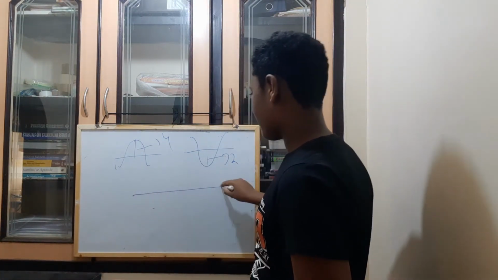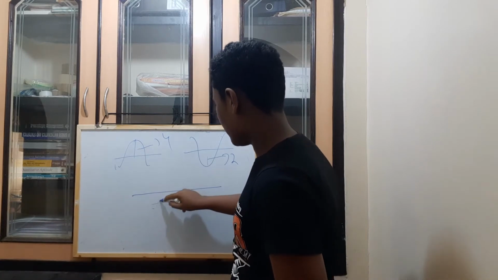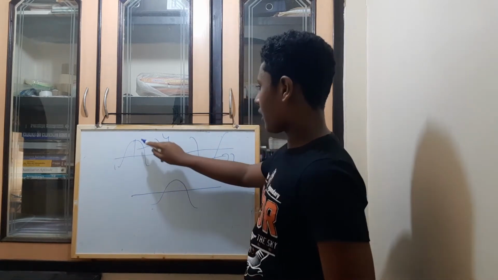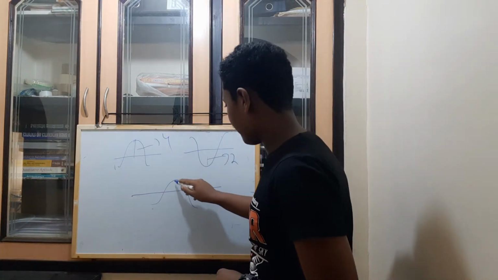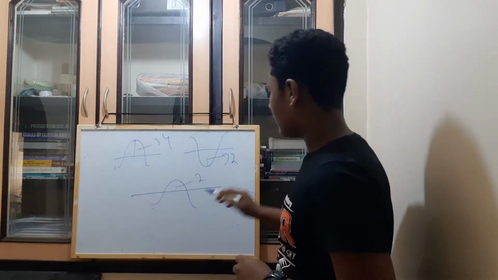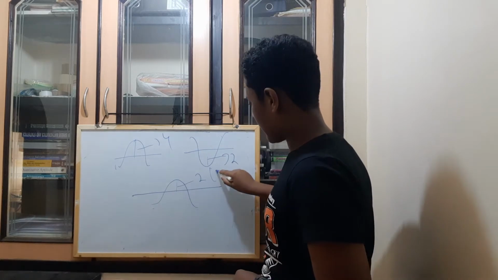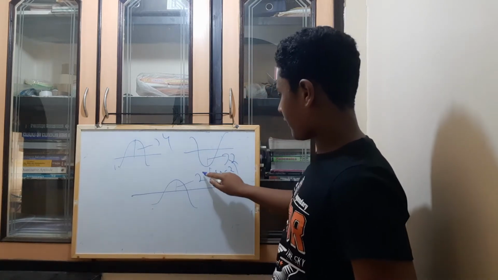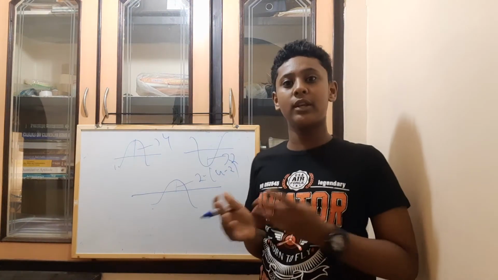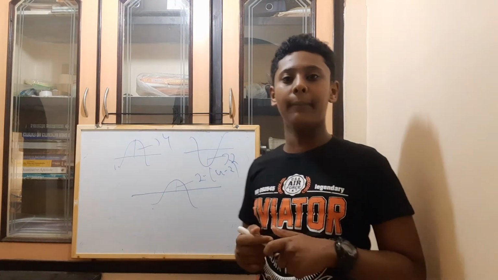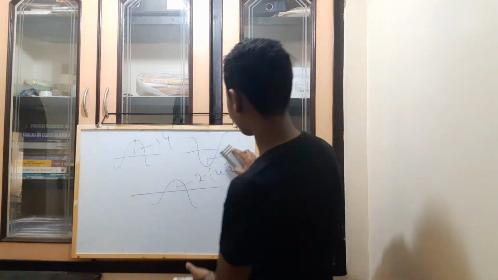Since our positive amplitude is higher than the negative amplitude, we're going to have an amplitude of 2, because this is 4 minus 2. So I think you would have understood how the destructive interference pattern works and how the constructive interference pattern works. And now we shall see what is phase difference.